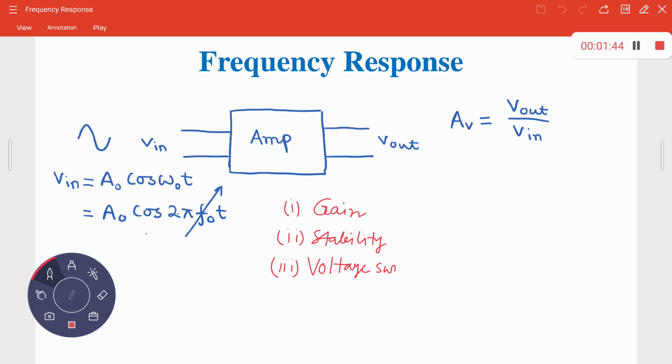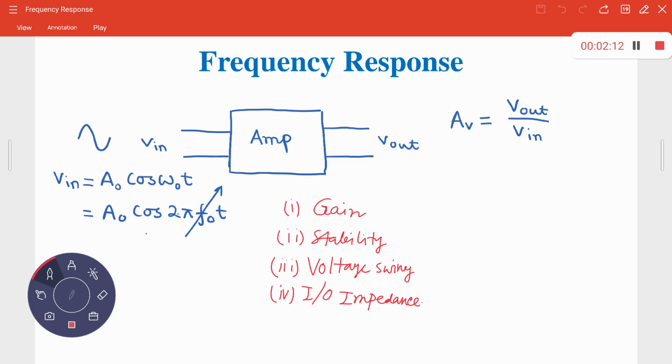And obviously the input and the output impedances, or resistance to be specific, because as of now we have not considered the frequency sensitive elements. What else? Gain, stability, voltage swing, impedance. What do you expect apart from these factors?